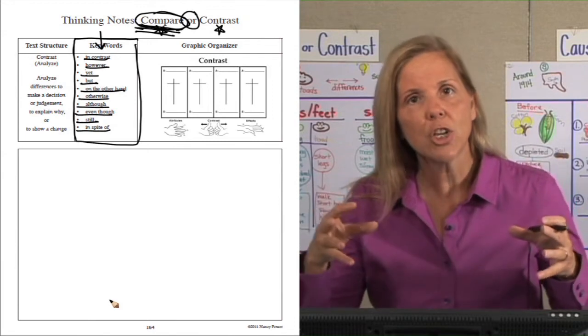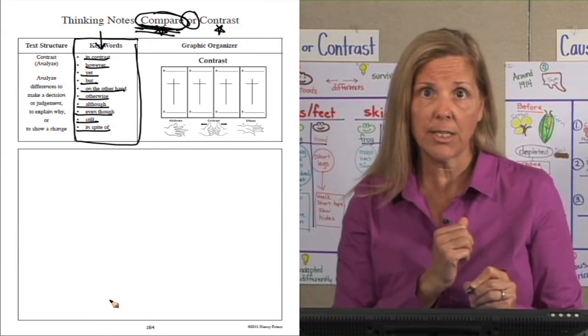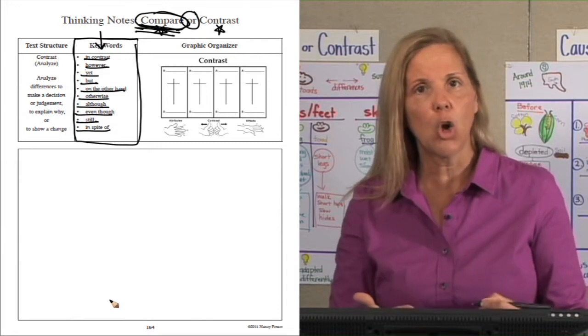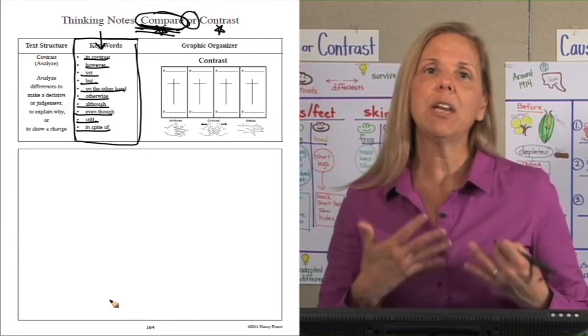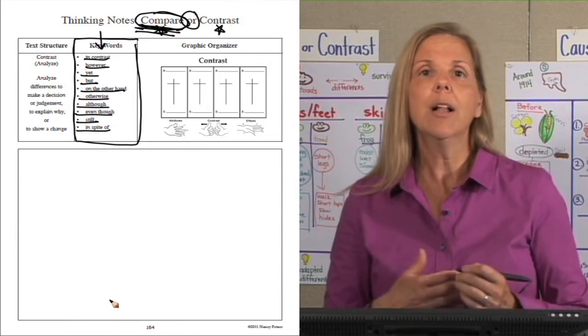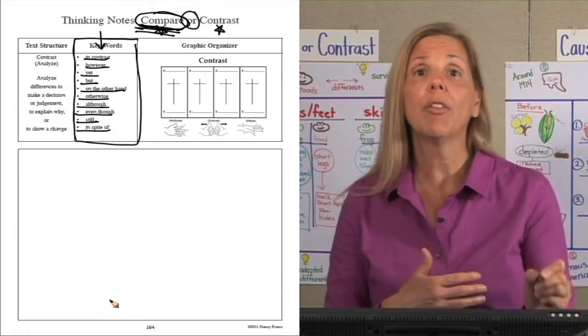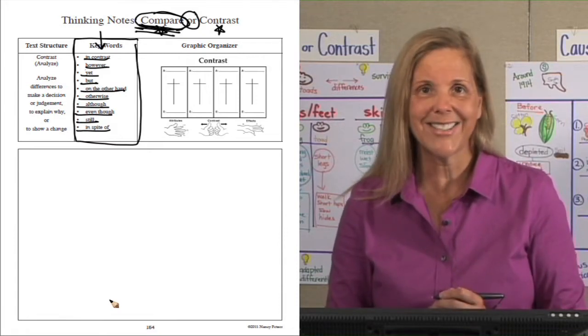So they are just doing the thinking piece. They're not even recording the information at the same time. So you have a better flow. When they've done this activity many times with you where you're recording it on the organizer, then they can do compare or contrast with you where they're also filling in the organizer.